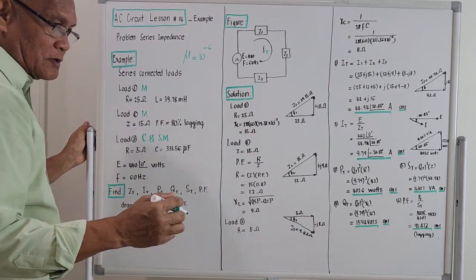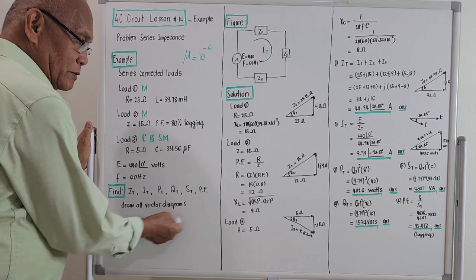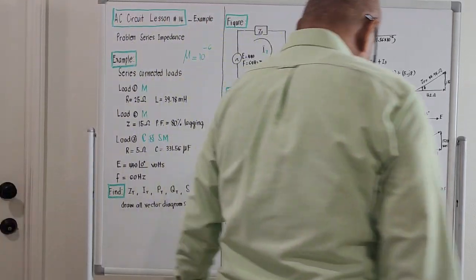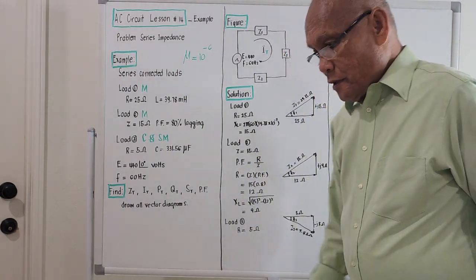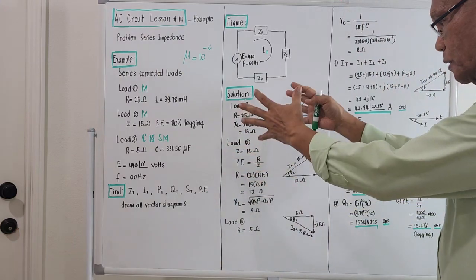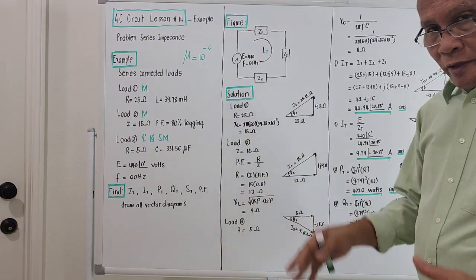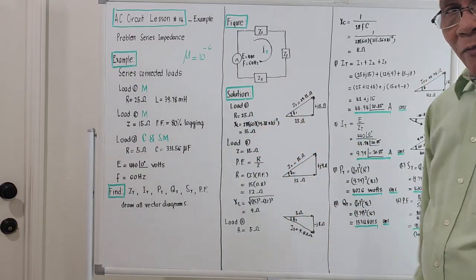The problem has an additional condition: draw all vector diagrams. Okay, let's proceed with the solution. If you are in the board exams, the solution will be something like this. I have taken my board exams already, and I presented the solution, and I passed the board exam.